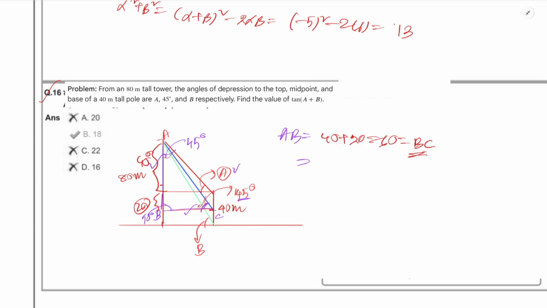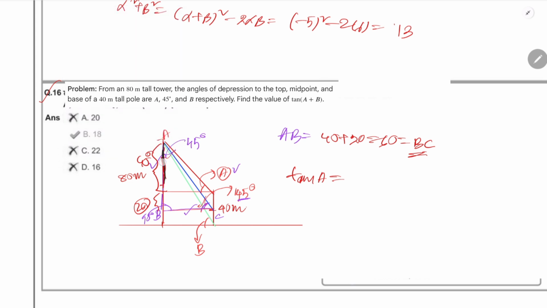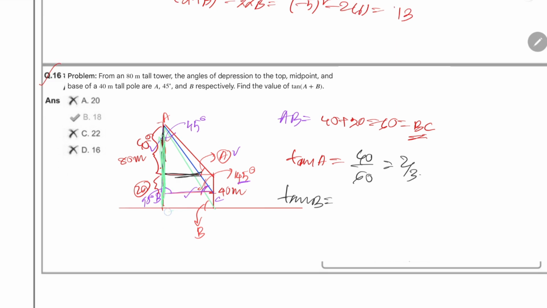Now tan A is equal to this length divided by this. This length we already know, this is 40 divided by 60. This is 2 by 3. Tan B is the total, this is 80 divided by 60, which is equal to 4 by 3.